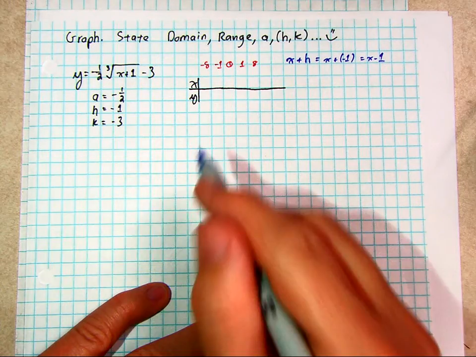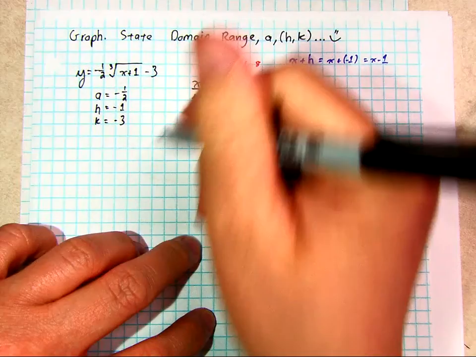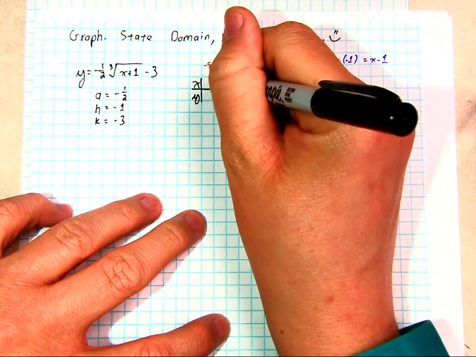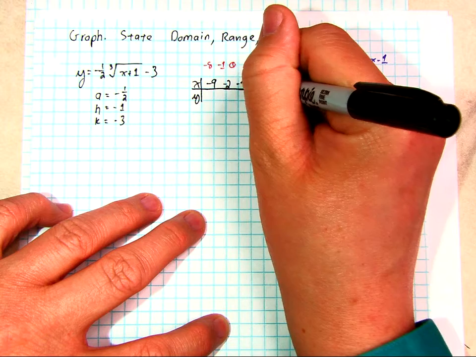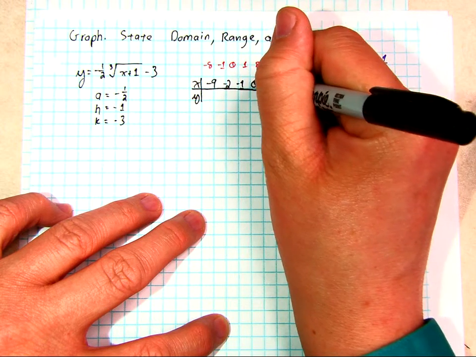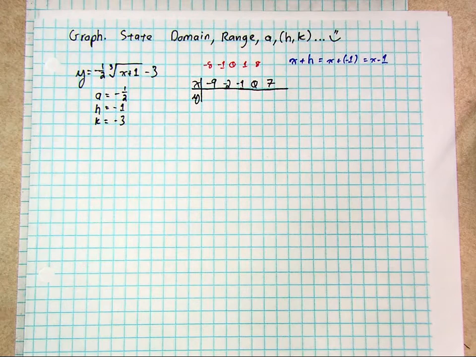So I take each of the red numbers, which are my normal function numbers, the normal ones I use for a cube root, and I subtract 1 from each one. So that gives me minus 9, minus 2, minus 1, 0, and then finally 7. Alright, so far so good.